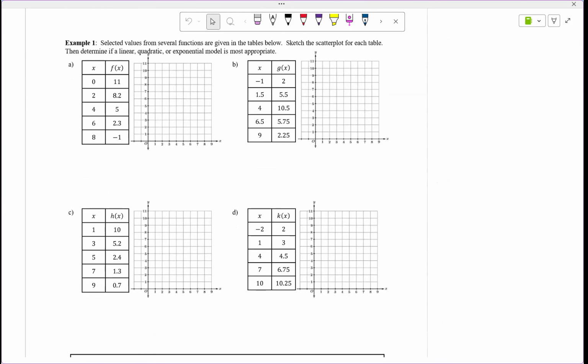All 4. Yeah. This one looks really quadratic.